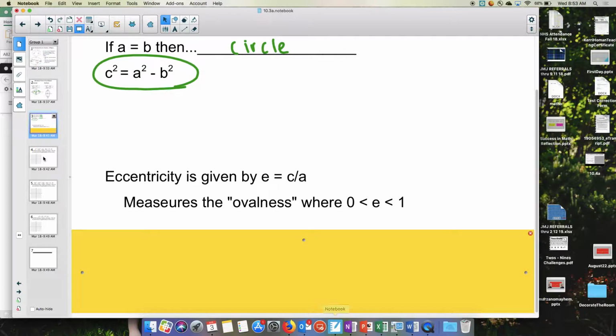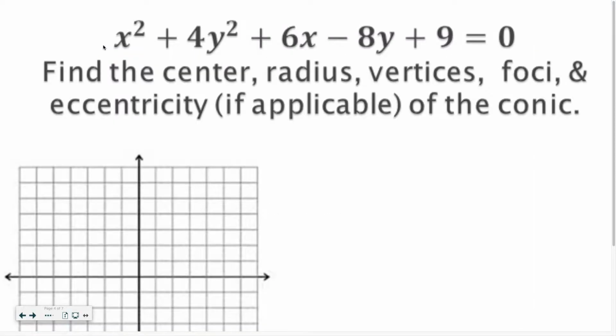Are you ready? Let's graph. Oh man, Mrs. Holman, this isn't in standard form. What the heck? How do we know it's an ellipse, Dallas? Because there's an x squared and a y squared.